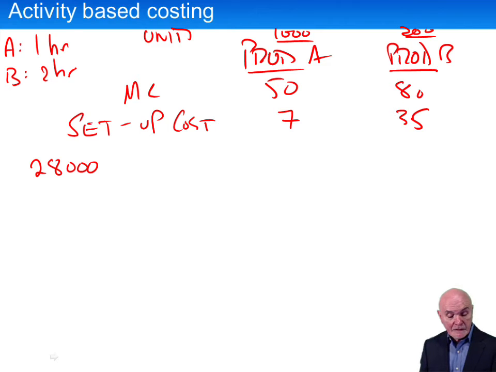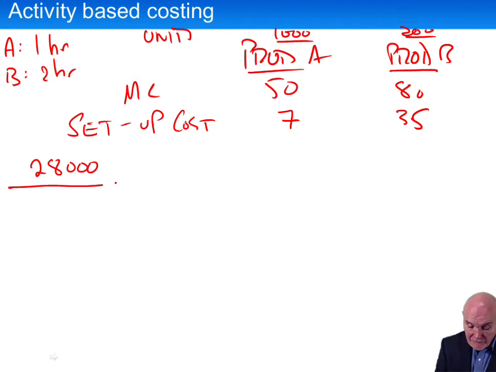But that is put down the idea that 1 unit of B takes twice as long as 1 unit of A. So how many hours are we budgeting for if we were doing it like that? Well, dividing that over the labour hours in here, we're saying there's 1,000 hours dedicated to product A, 1,000 units of 1 hour each.